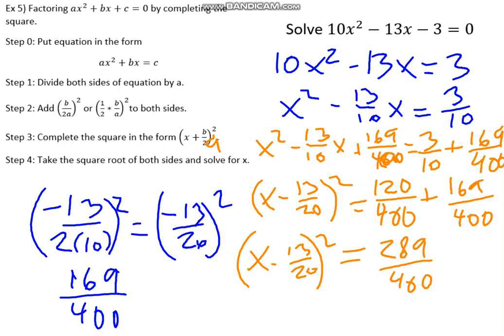Now we're going to want to cancel out this square. In order to cancel out this square, we've got to take the square root of both sides. So that's what we're going to do next, step 4.